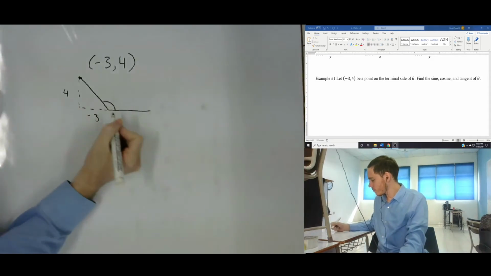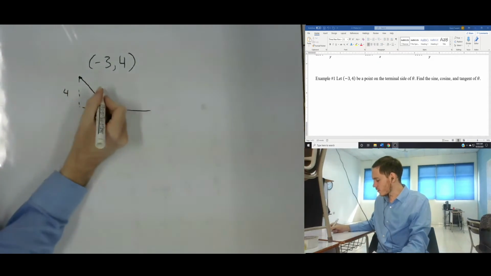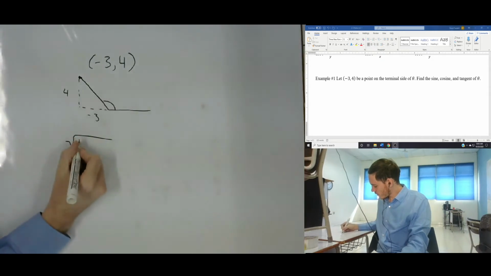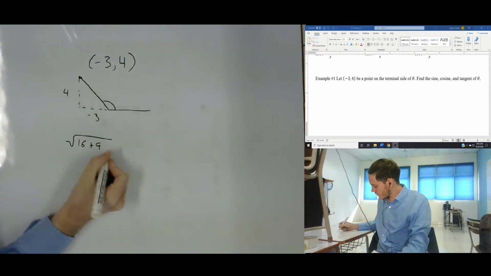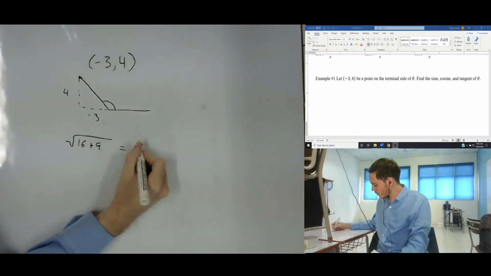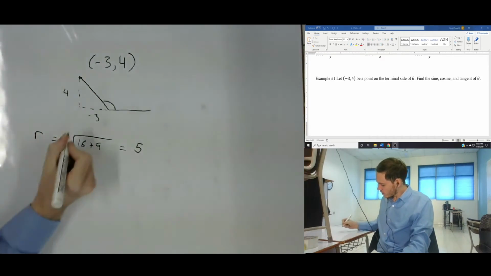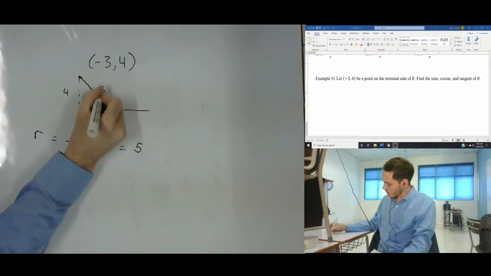Now, what is this hypotenuse? This hypotenuse is just going to be the square root of 16 plus 9, which is going to equal 5. So this equals r. We solve for r, which is 5.